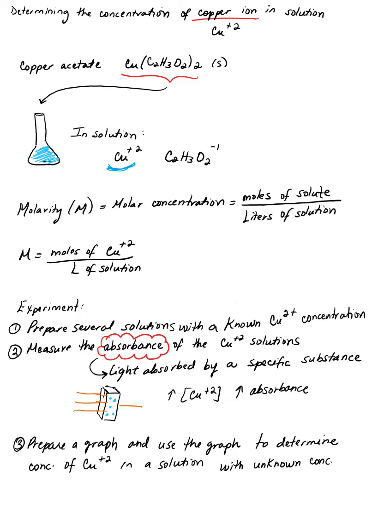And then number 4 is measuring the absorbance for an unknown solution of copper plus 2, and using the graph to find out the concentration of that unknown. So I have that in number 3: determine the concentration of copper plus 2 in a solution with unknown concentration. But before you can do that, you need to measure the absorbance for that unknown solution.